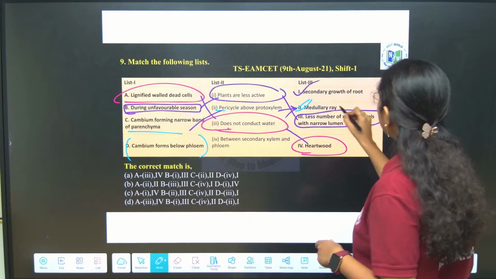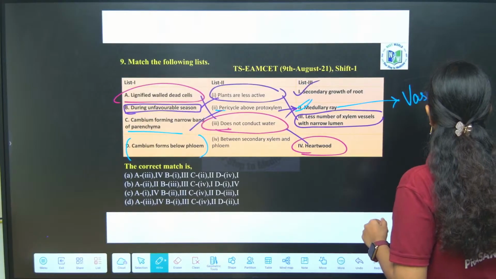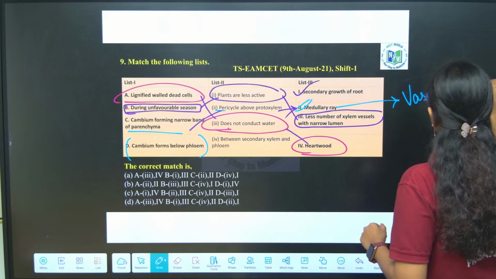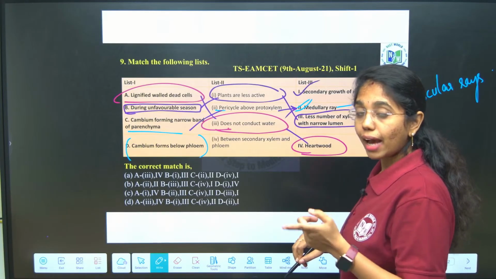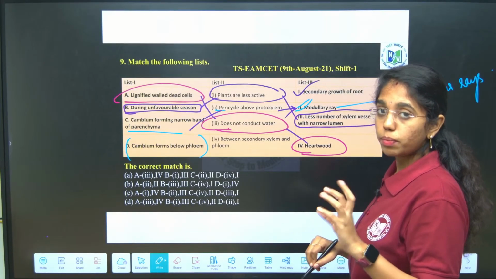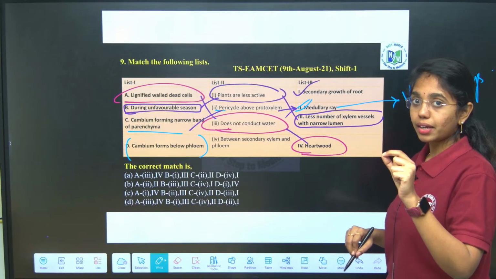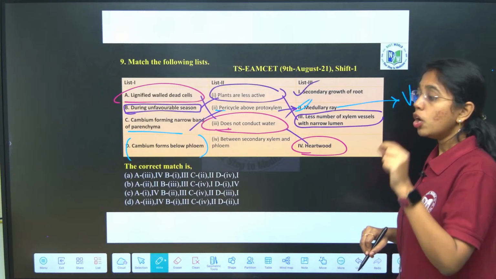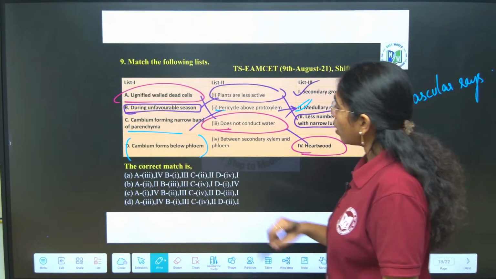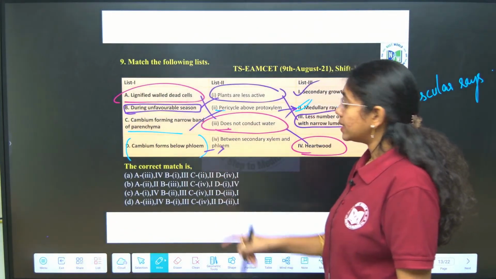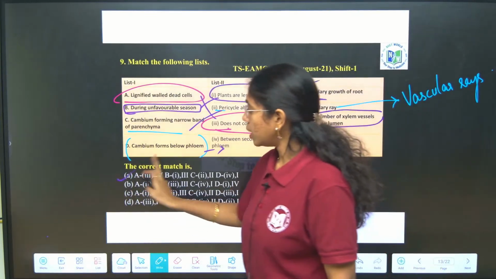Okay. Secondary medullary rays are also known as vascular rays. They are formed along with the vascular cambium, because of the vascular cambial activity in the interfascicular region. Secondary medullary rays are formed whose main activity is the radial conduction. And then cambium forms below the phloem, yes, correct, between secondary xylem and phloem, and here secondary growth of the root. It is option A. Okay.